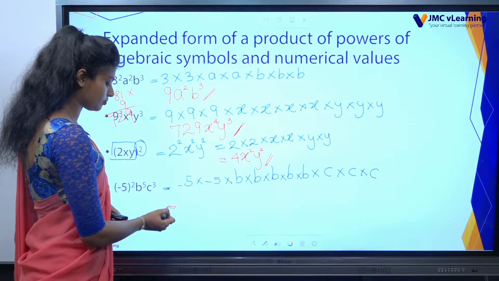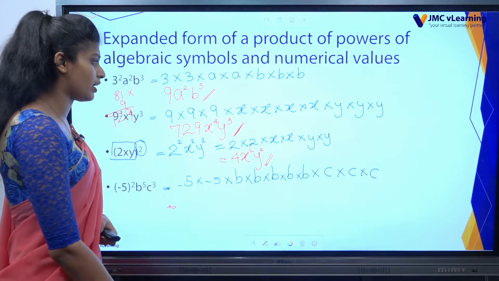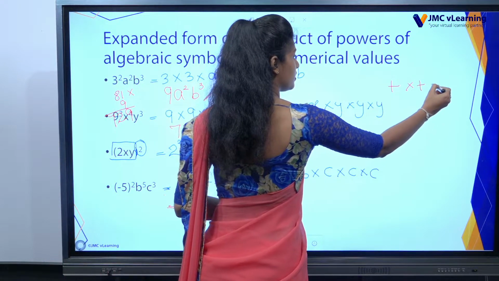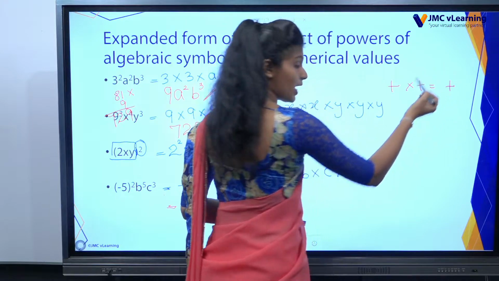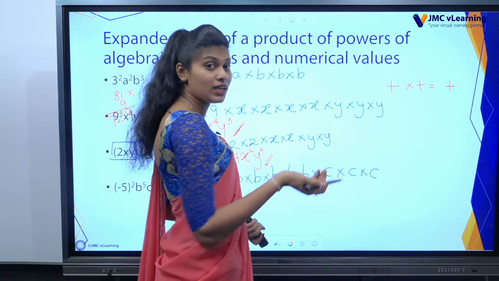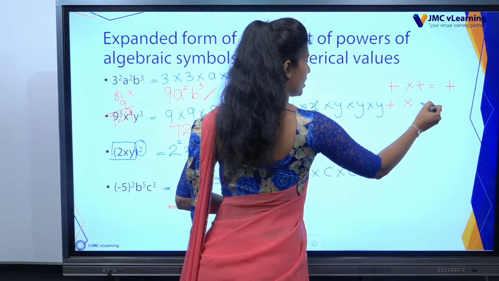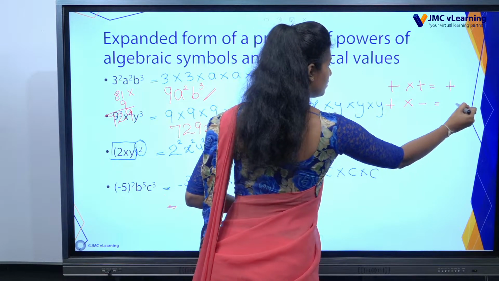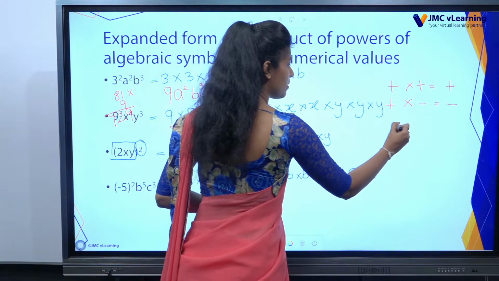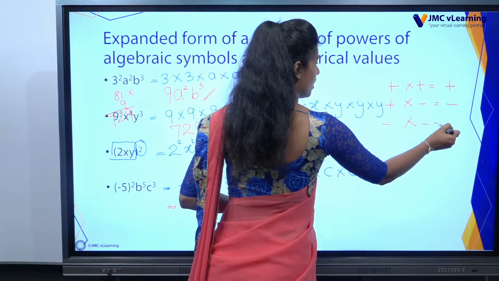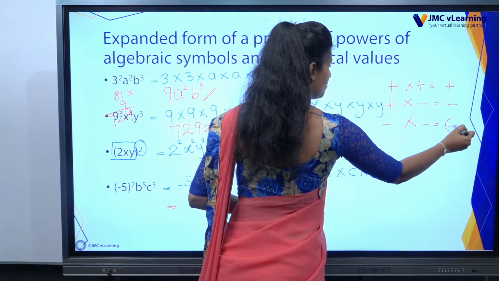What is the answer? When we multiply plus numbers and plus numbers, the answer is also plus. Then when we multiply different signs, plus multiply by minus, the answer is minus. Then minus multiply by minus, answer is plus.